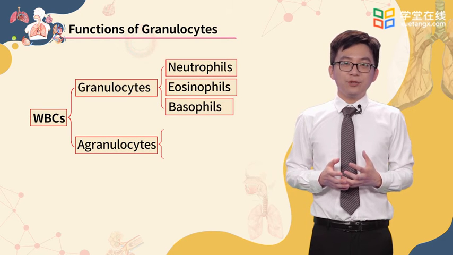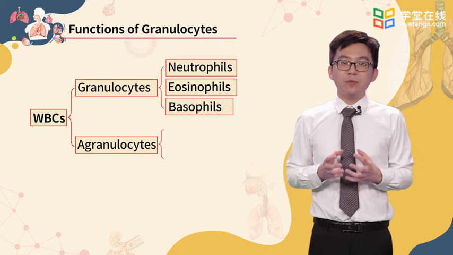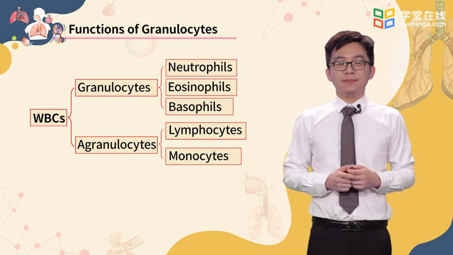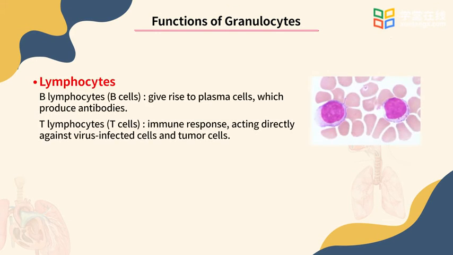The agranulocytic group has crucial roles in immunity. They include lymphocytes and monocytes. Lymphocytes are the immune cells that help with our immune response. There are 2 types of lymphocytes, the B cell and T cell.